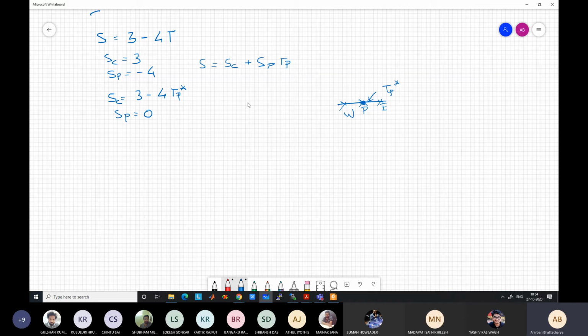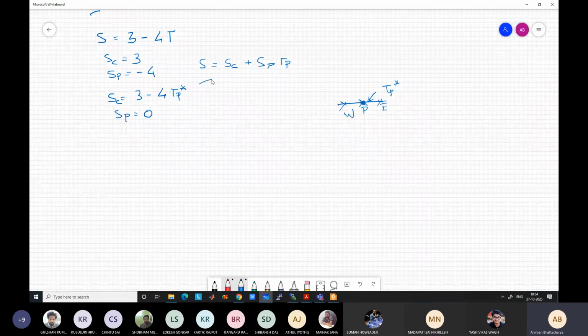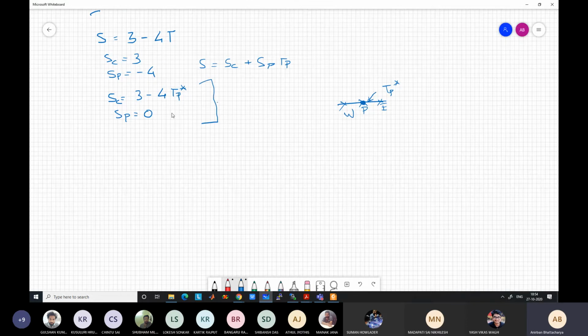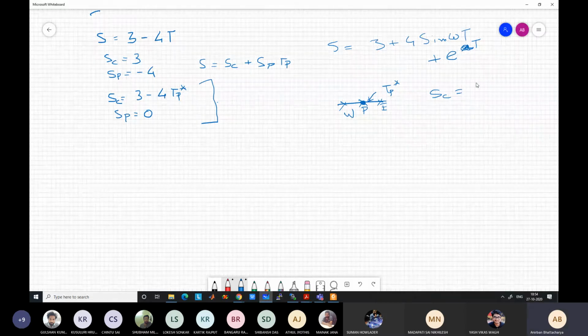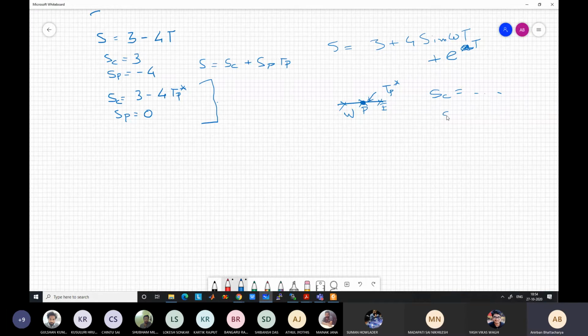Okay, this is the second approach. This is known as the lazy man's approach. Means if you are lazy, you can just make all the source term like this. Whatever complicated source term is there, say S is equal to something like 3 plus 4 sine omega t plus e to the power at, we always have the option to put everything in SC and make SP equal to 0.